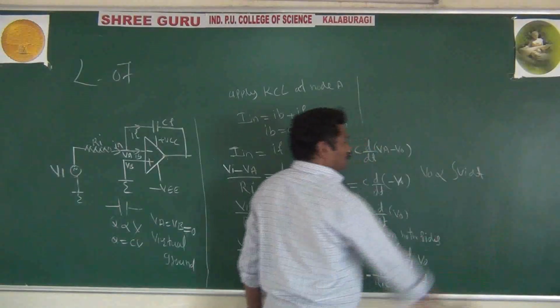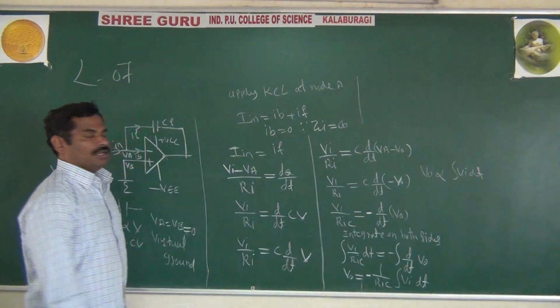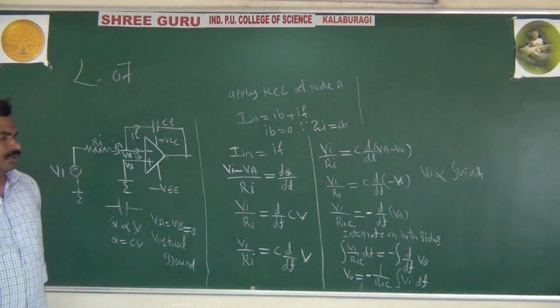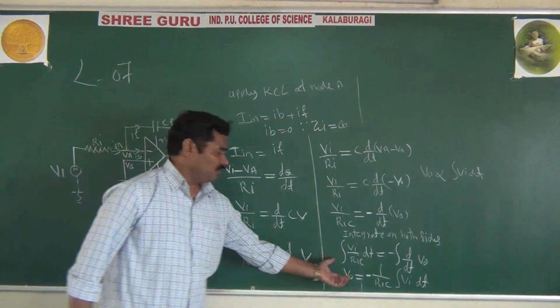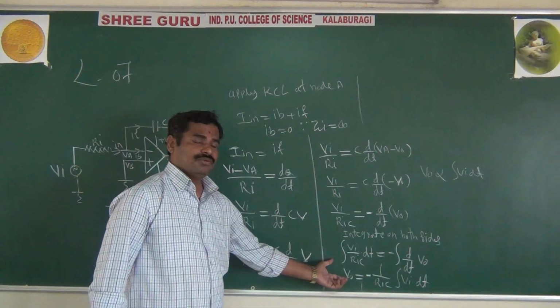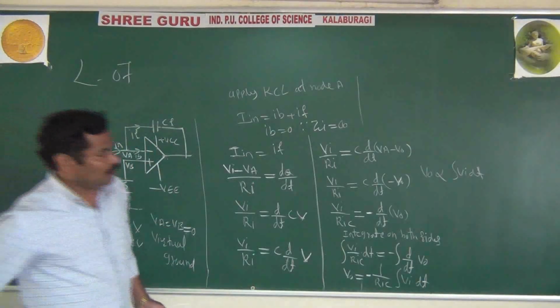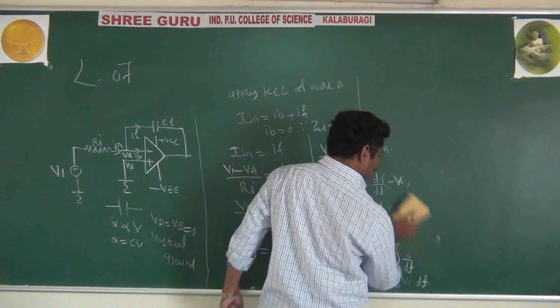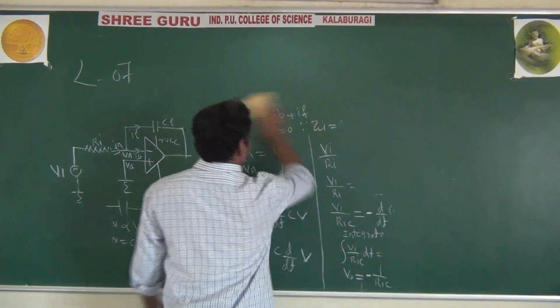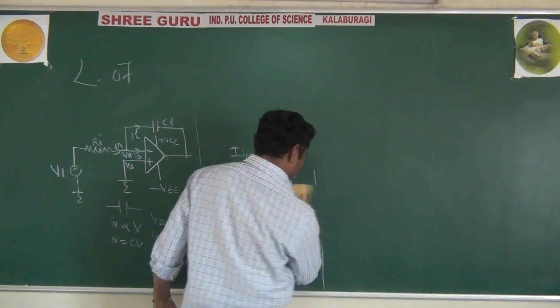This is nothing but the simple derivation of your integrator. Finally, V naught is directly proportional to the integration of Vi dt. Once you write the above portion, it takes only 5 minutes. Very simple.